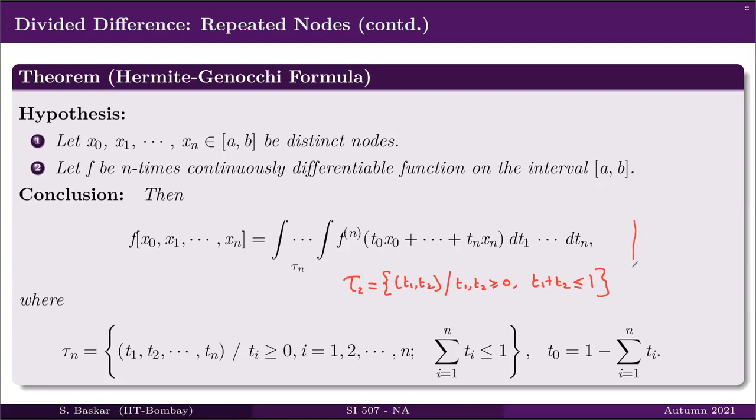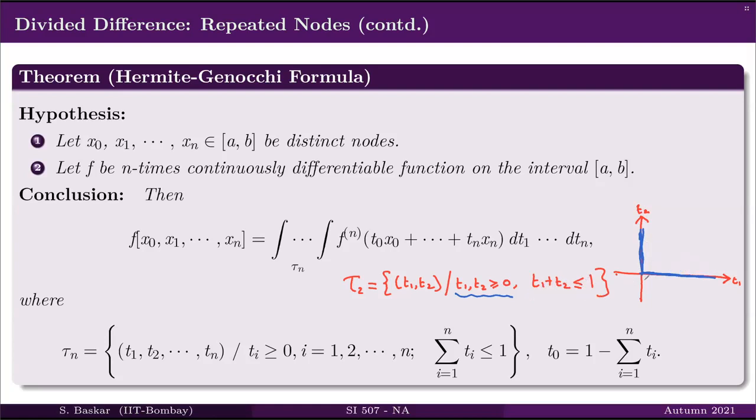Let us see how this set looks like in R2. Both t1 and t2 are non-negative, right? So the set tau 2 sits in the first quadrant as far as the lower bound is concerned. Now coming to the upper bound, t1 plus t2 should be less than or equal to 1.